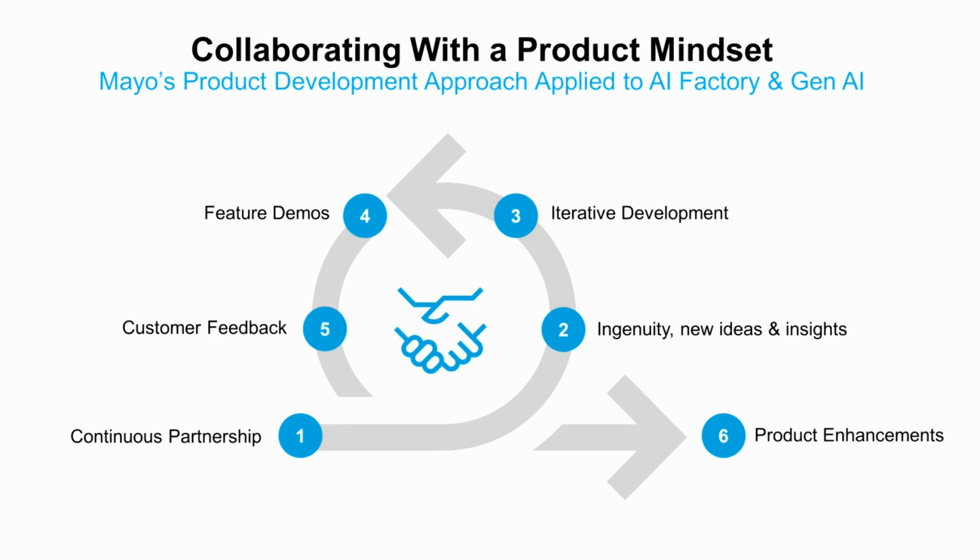The AI Factory teams work in an agile fashion, providing nimbleness with a relentless focus on collaboration, ease of use, and speed to market. We partner and collaborate to deliver on the vision of simplified AI for all within AI Factory.